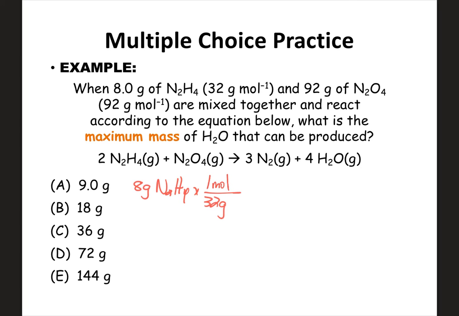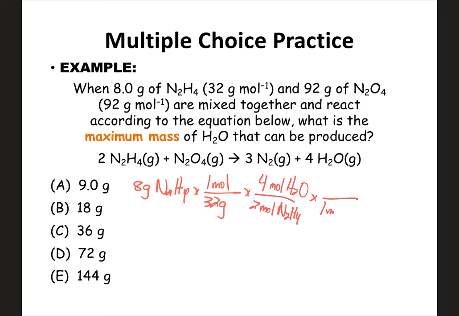Then we know there are 2 moles of the N2H4 for every 4 moles of the water. Remember, we're trying to get to the water here. And they are specifically asking about the maximum mass, so it makes sense to keep going.